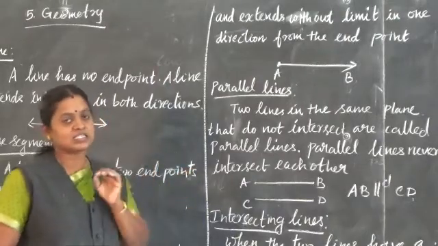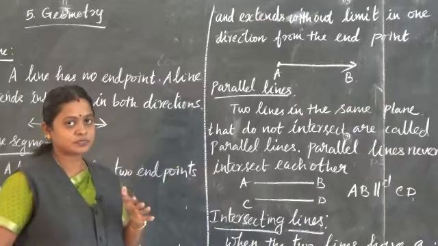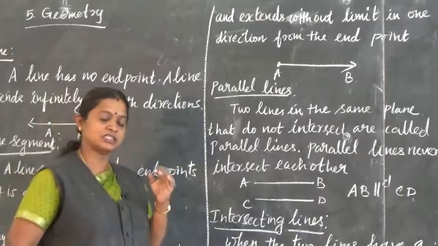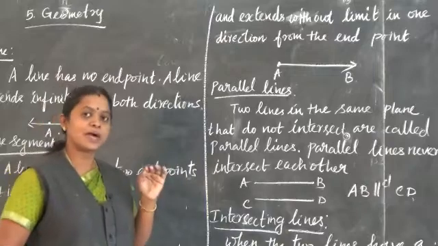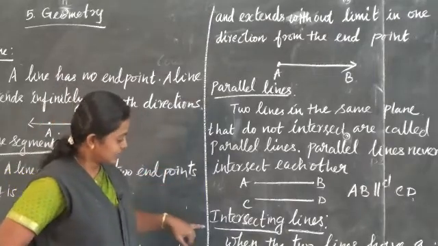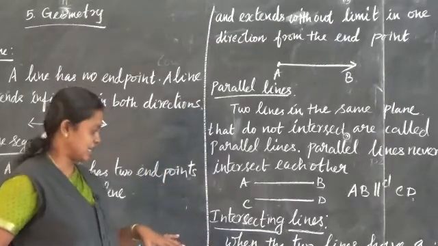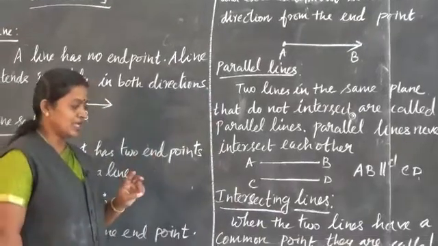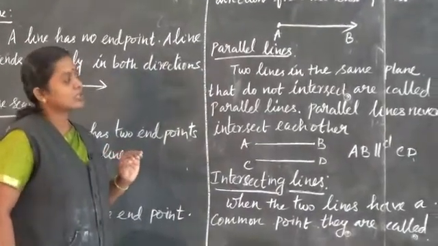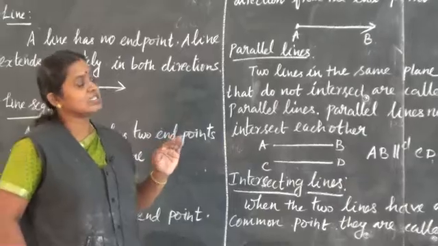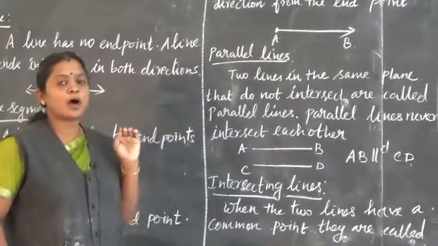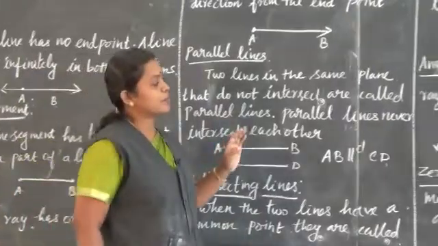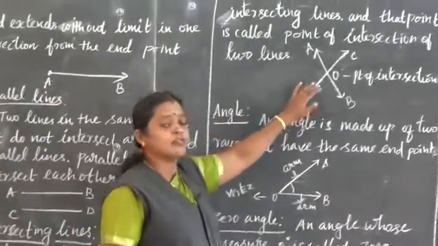The exact example is our railway track. Just imagine the railway track, that is a parallel line. Then the next one is intersecting lines. When 2 lines have a common point, they are called intersecting lines, and that point is called the point of intersection.